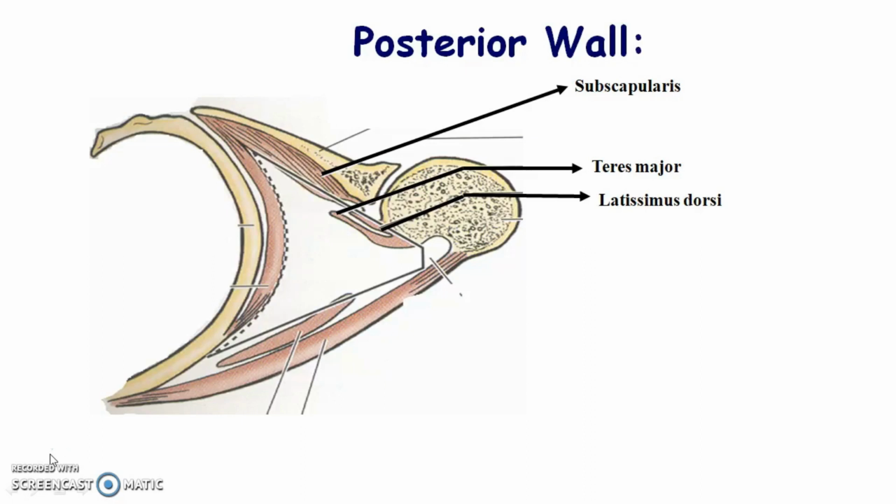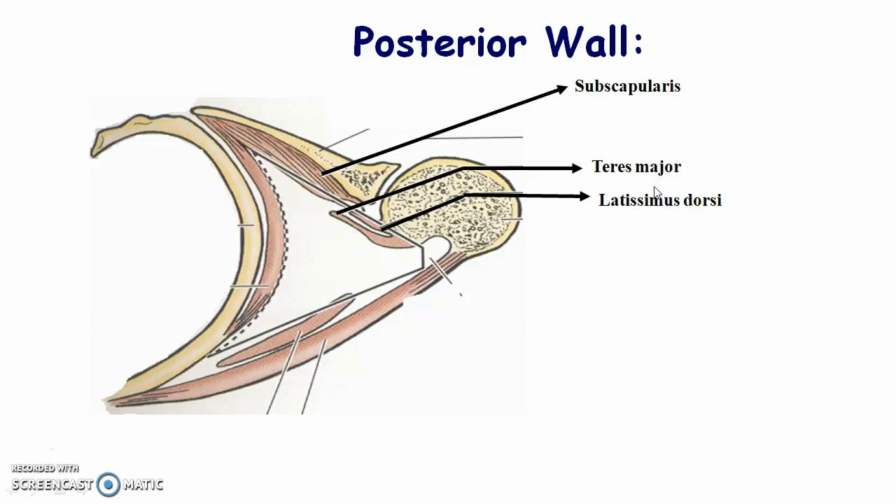So the posterior wall is formed mainly by the subscapularis muscle, and then it is contributed to by two other muscles, latissimus dorsi and teres major. So the posterior wall of the axilla is formed by three muscles: subscapularis, teres major and latissimus dorsi.